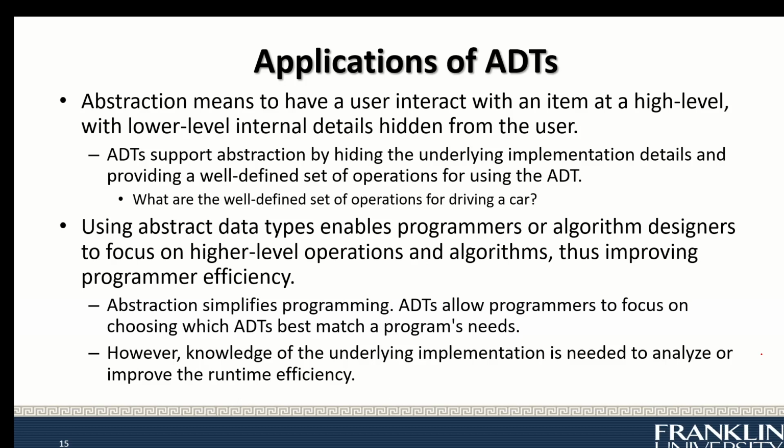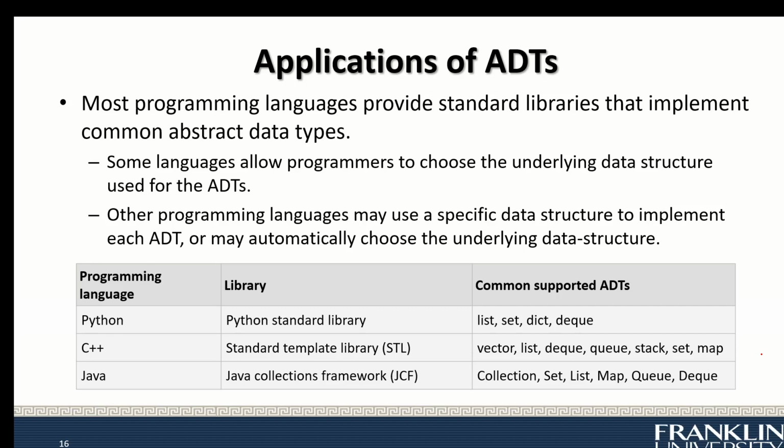But sometimes knowledge of the underlying implementation is needed to analyze or improve the runtime efficiency. You don't need to know how to implement it to use it, but if you find out the algorithm they have chosen is not that efficient, maybe you need to figure out how they implemented that. This is kind of rare. Most programming languages provide some standard library or modules that implement the most common abstract data types.